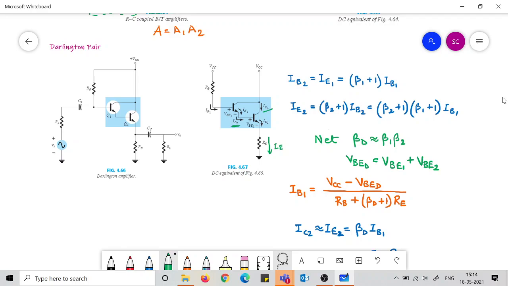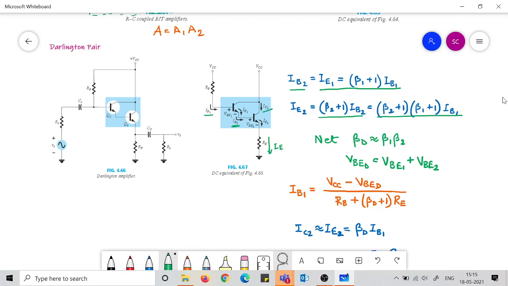It's like beta 1 plus 1 times IB1. So IE1 equals beta 1 plus 1 times IB1, and that is equal to IB2. Now IE2 is found directly from IB2 like this. So IE2 becomes cumulatively this much.